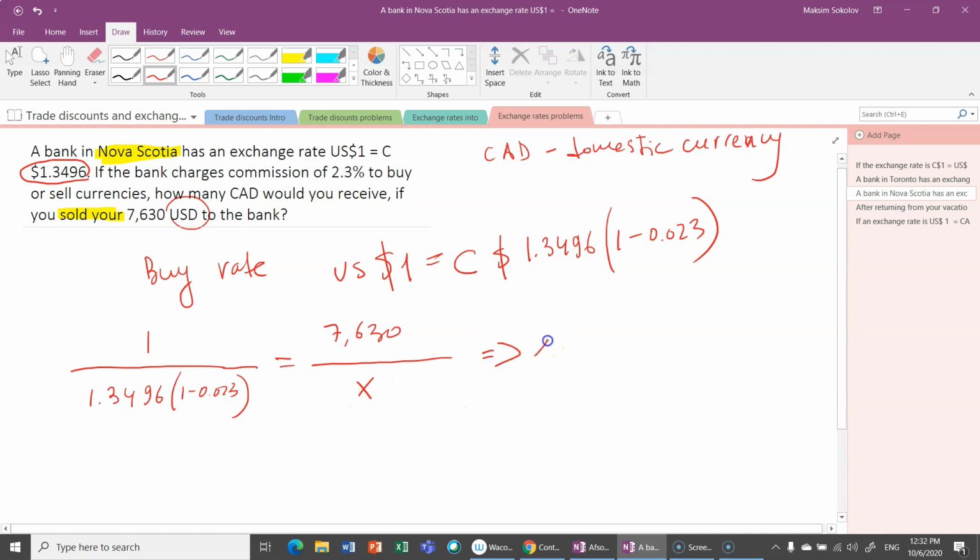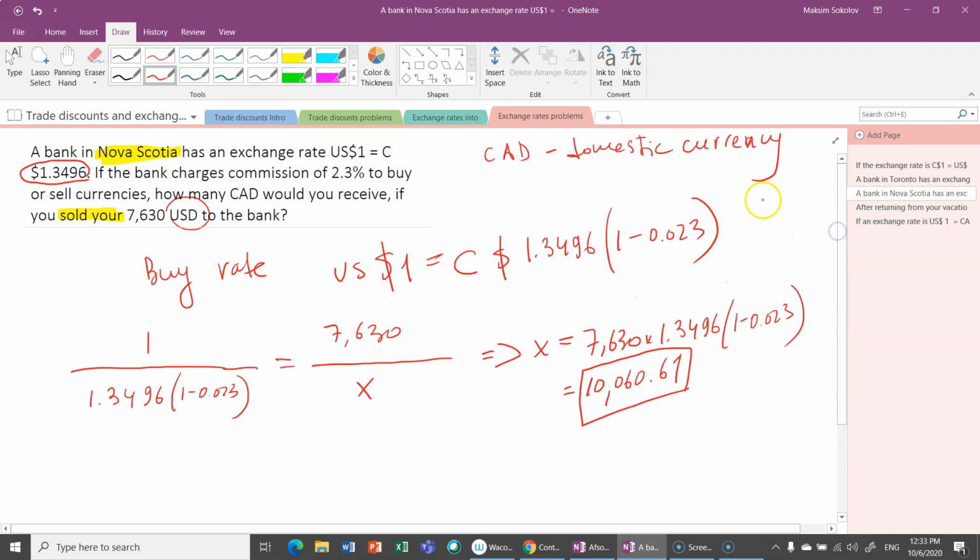From here, we will be finding this X, which is 7,630 times 1.3496 times (1 minus 0.023), which is 10,060.61.